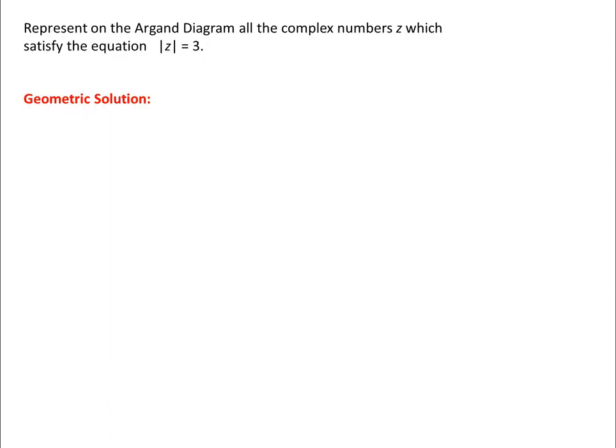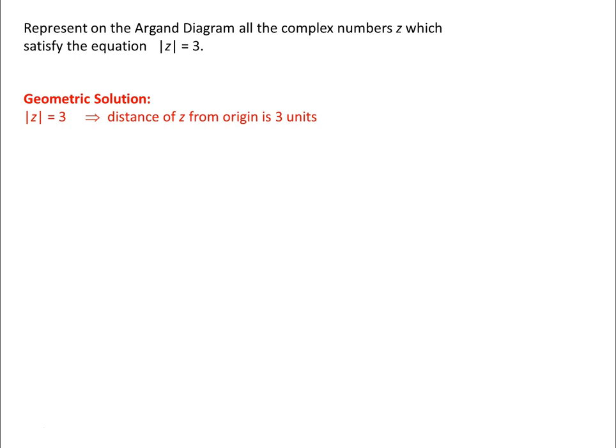Okay, so we've got to now represent on the Argand diagram all the complex numbers z which satisfy the equation the modulus of z equals 3. Now we know that the modulus of z represents the distance of the point z from the origin.